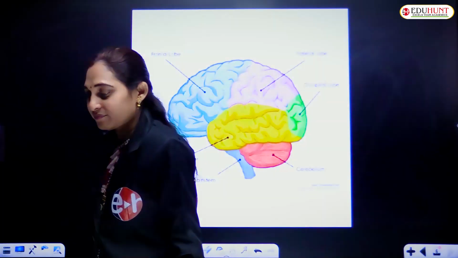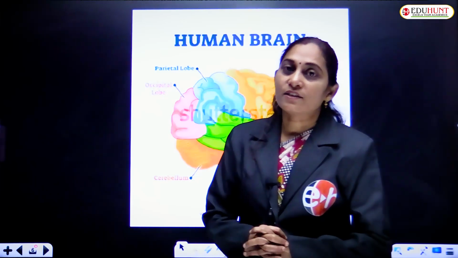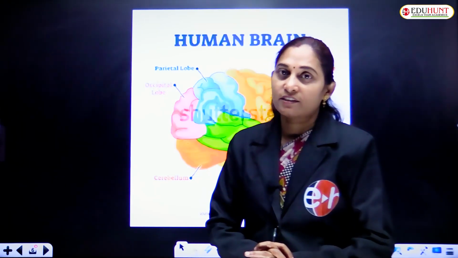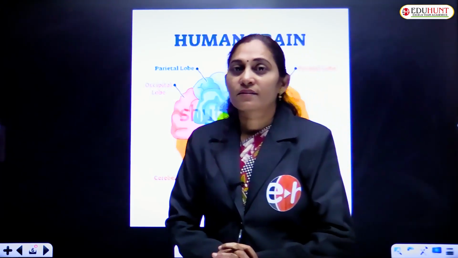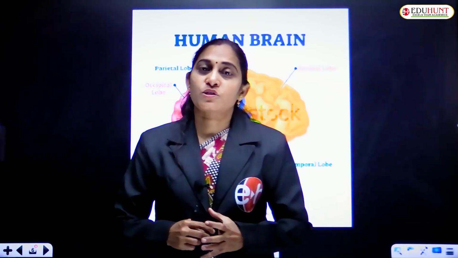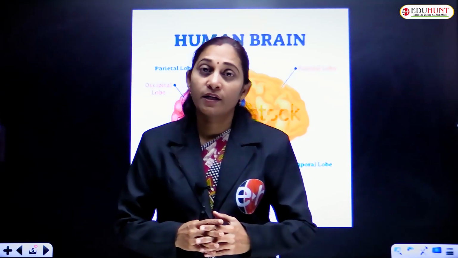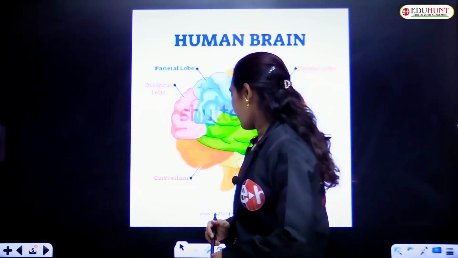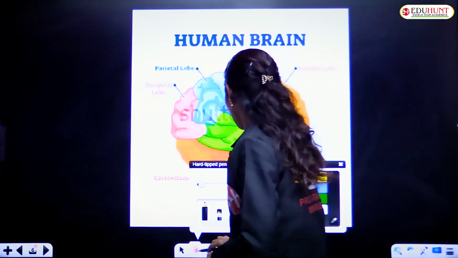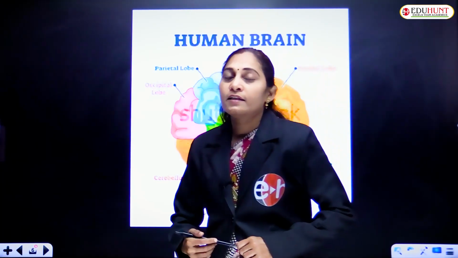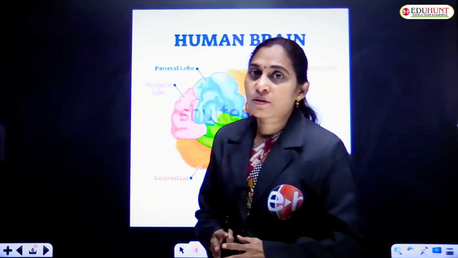Let us begin. Let us start neural control and coordination. Neural control is nothing but a control over the different cells, tissues and organs of the body. And what controls? We know that the brain controls, but in the brain there are several regions.